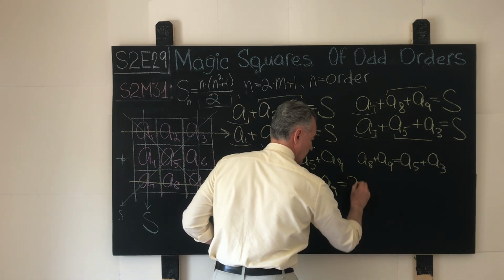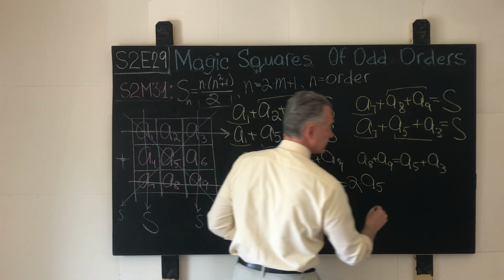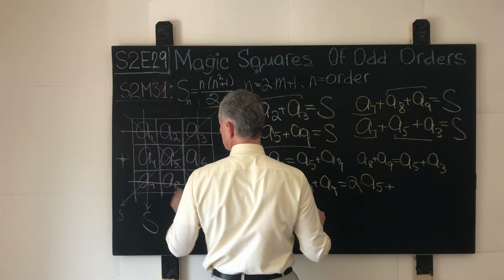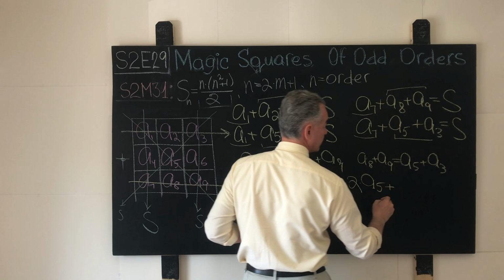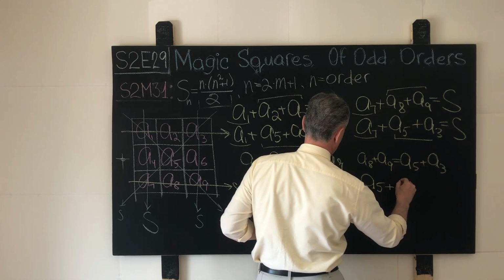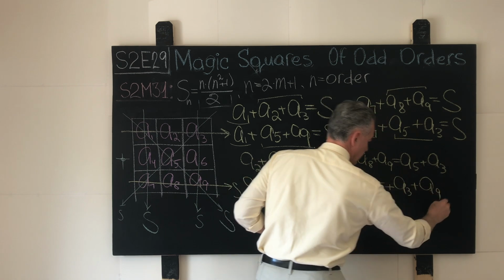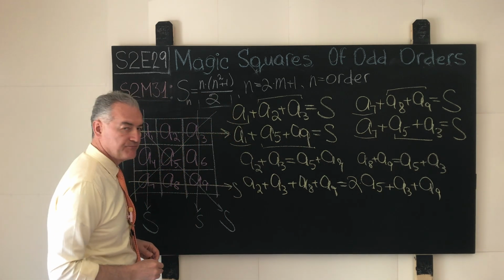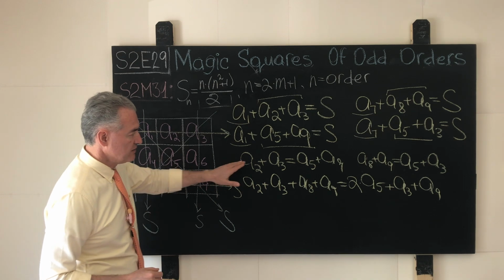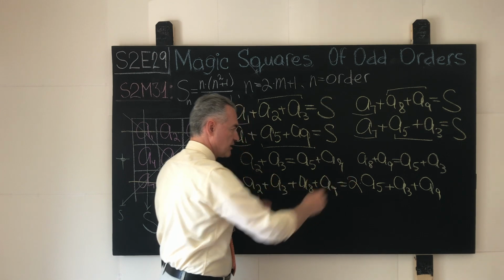Twice the element a5, plus a5 and a3, plus a3 plus a9. Would you agree? Yes, this is a string of symbols that we obtain if we add this equation to this equation side by side, left-hand side to left-hand side, right-hand side to right-hand side.